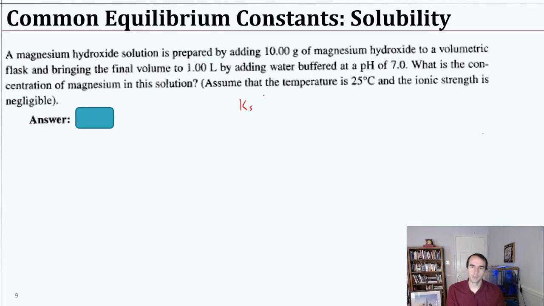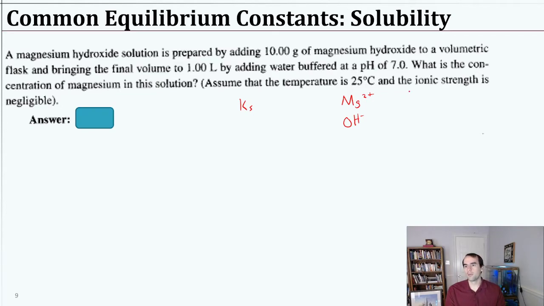You might also need to think to yourself, okay, well, what is magnesium hydroxide? And hopefully you remember magnesium is Mg, and if it's a magnesium ion, that's going to be 2+ typically. So you can look at the periodic table and hopefully be able to see that. Hydroxide is OH-, another common one you probably should know just by name.